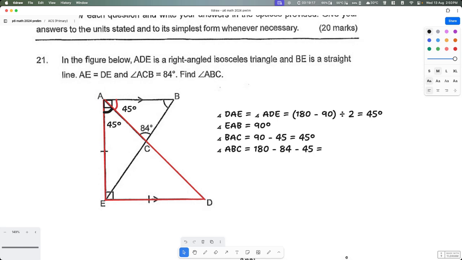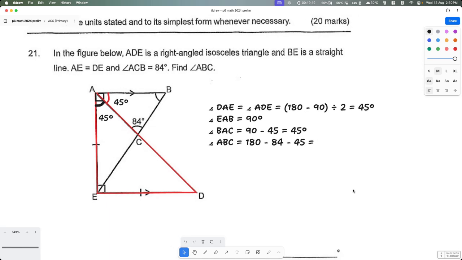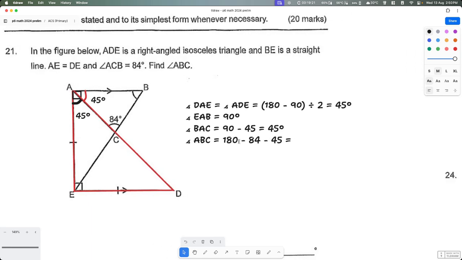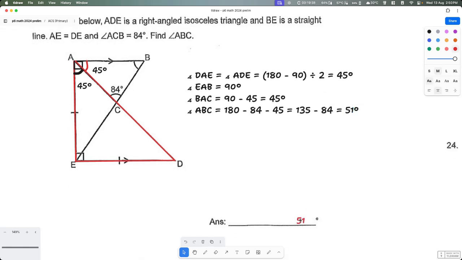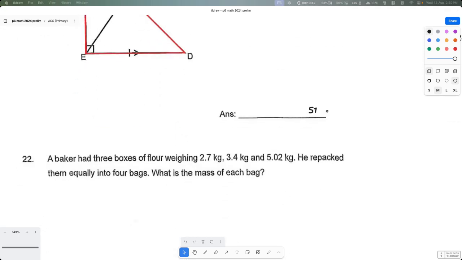So 180 minus 45 is 135, minus 84. This will give us 51 degrees. So the answer to this is 51 degrees. Okay, there we go. That's the answer. Let's move on to the next question.